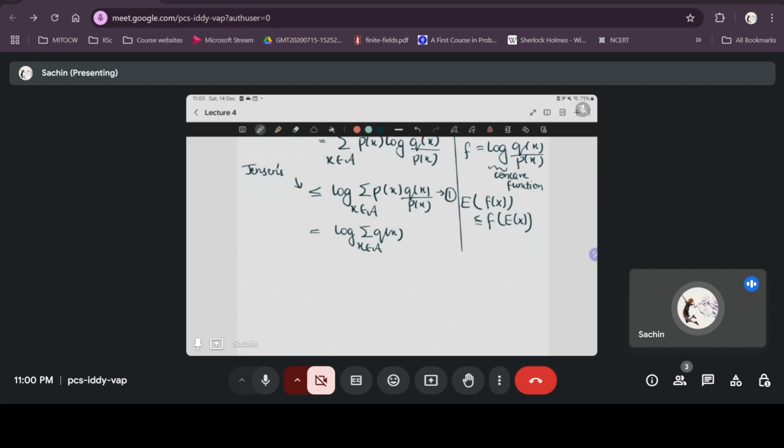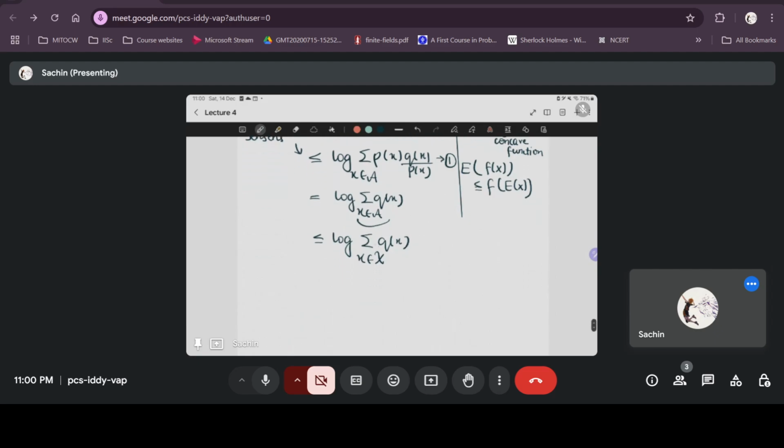That means that if this quantity is larger, then the log of that quantity will be larger. So log of the sum of q of x, x belongs to script A, will be less than or equal to log of the sum of q of x, x in script X. But if you sum over script X, you will get log 1, which is 0. I'll call this inequality 2. And this is because log is an increasing function.